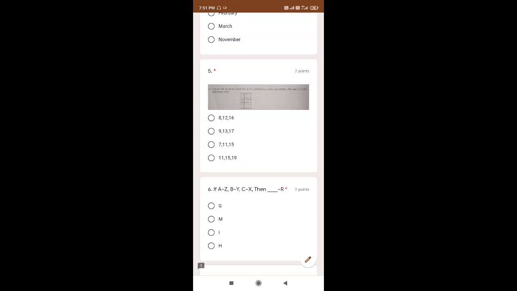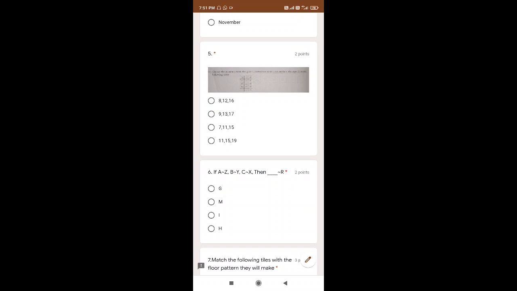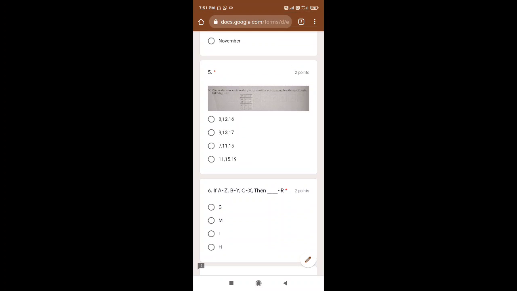Then question number 5. Choose the numbers from the given alternatives which can replace the question mark in the following table. So here is a table given, and just look at every column. In the first column there are some numbers: 25, then 21, then 17, then 13.